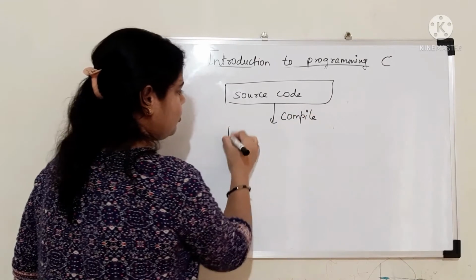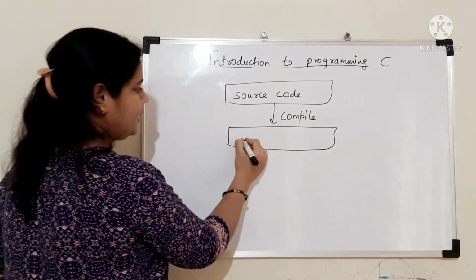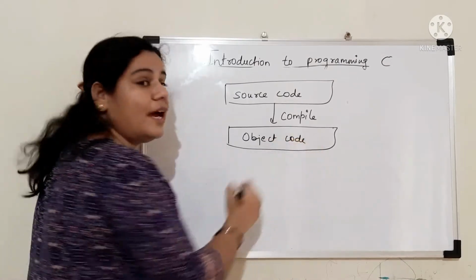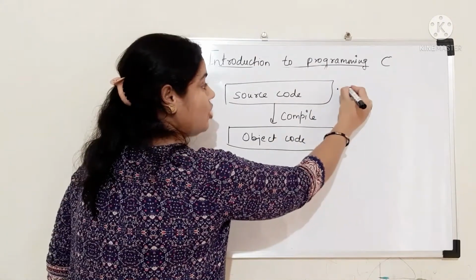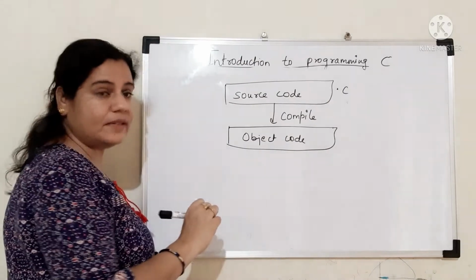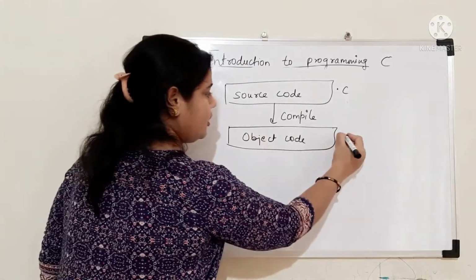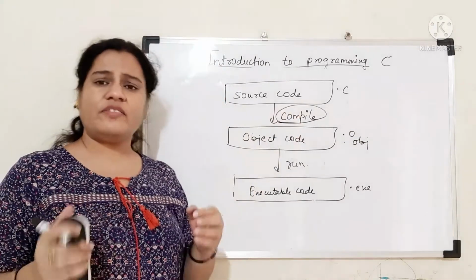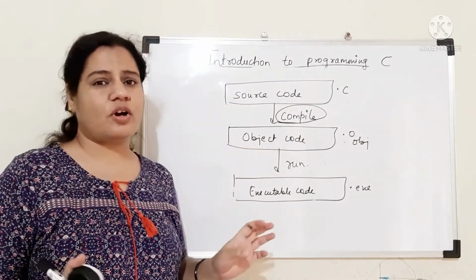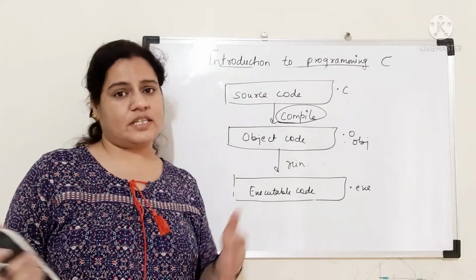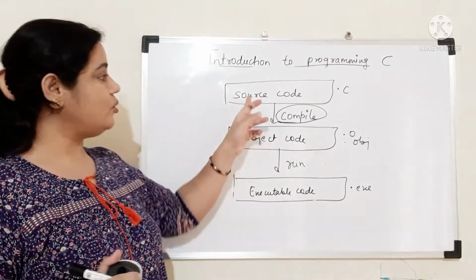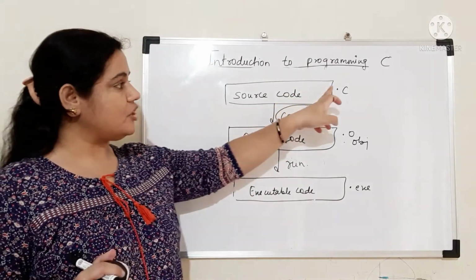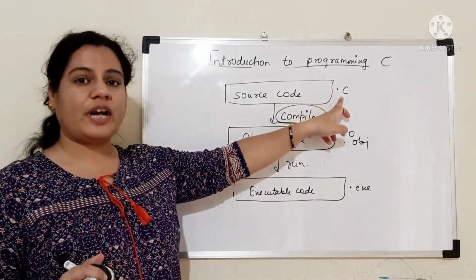Whatever code is written by the user is called the source code. In any language, either C or C++ or Java, you say, I have written a source code. By default, the extension of a C program is .c.